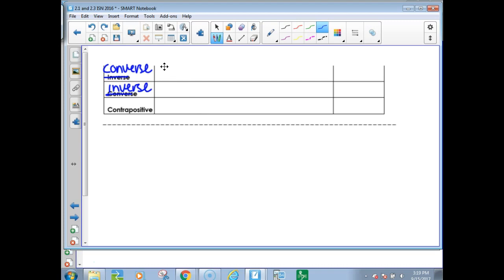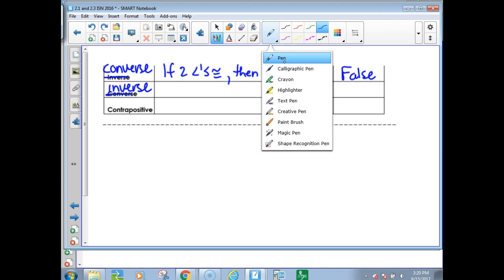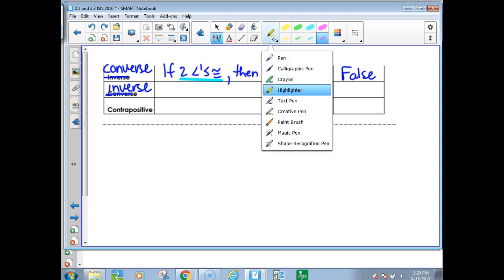Okay, so the converse is if two angles are congruent, then vertical. Okay, so now if two angles are congruent, then they're vertical. They don't have to be vertical to be congruent. So this would be false. And what we did was we switched the hypothesis and the conclusion. So now the conclusion is in the beginning and the hypothesis is at the end of the original conditional.